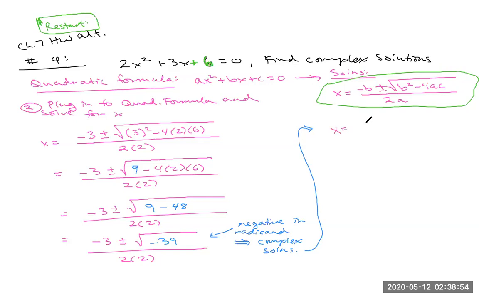So x equals, we have -3 plus minus. Essentially for this part, your square root -39, that's the square root of -1 times 39. And at this point, we can go ahead and multiply the 2 times 2 on the bottom. We could have done it a little bit earlier. If you know where, you can. If you don't know where, don't.